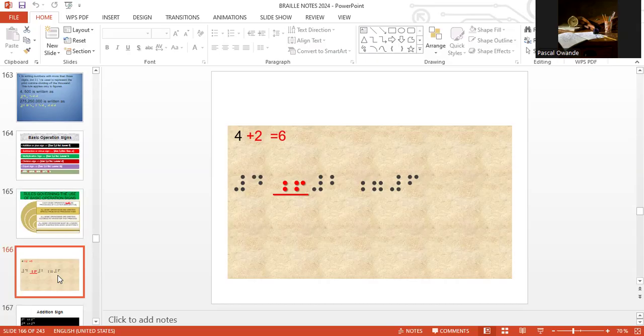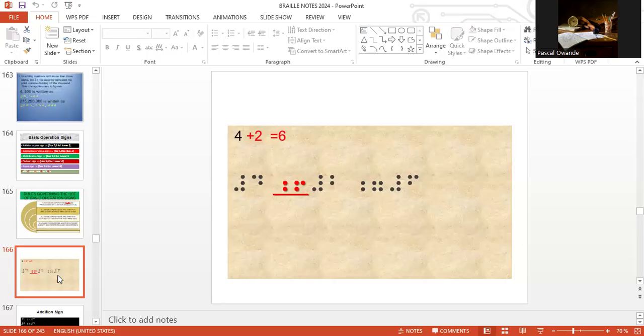Rule 2 was that all basic operation signs are written spaced from what precedes them. So we have 4, and then we space the basic operation sign, that is the addition sign, which is dots 56 lower f. Whatever comes before them, they must be written spaced.